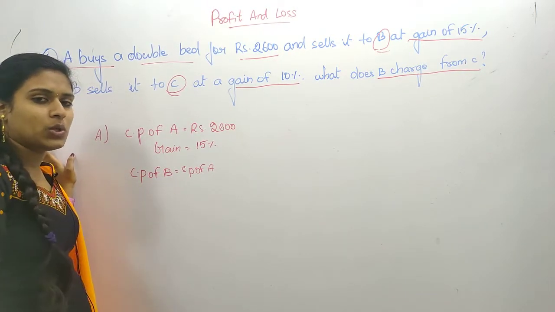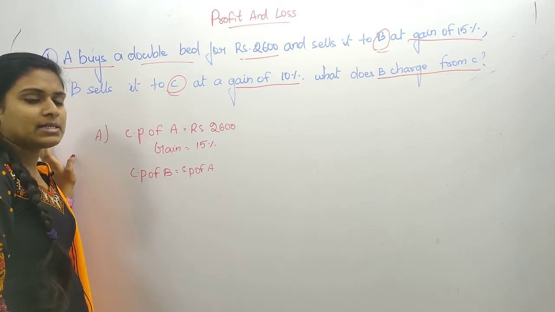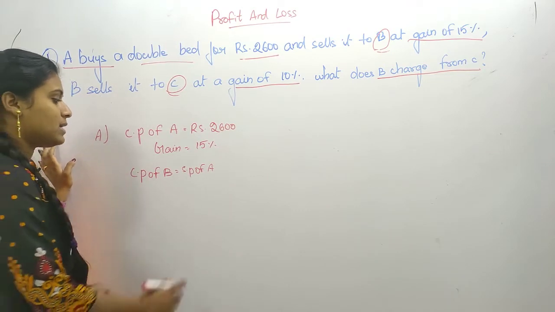Selling price is equal to (100 plus gain percent) by 100 into cost price.